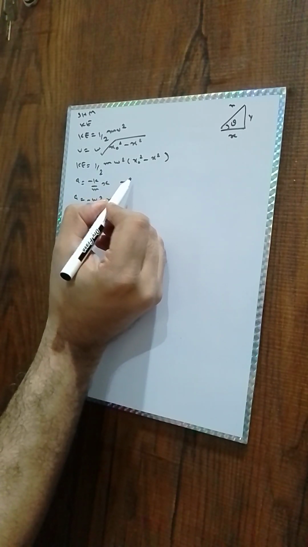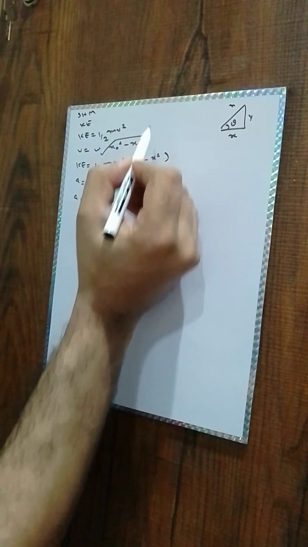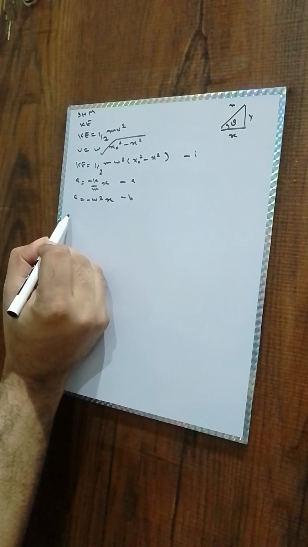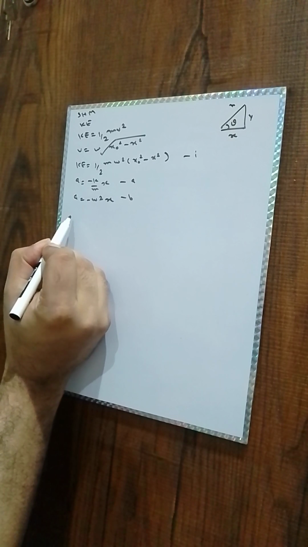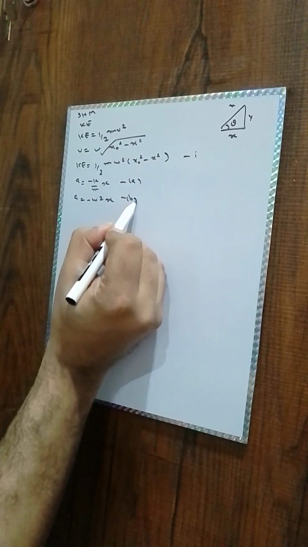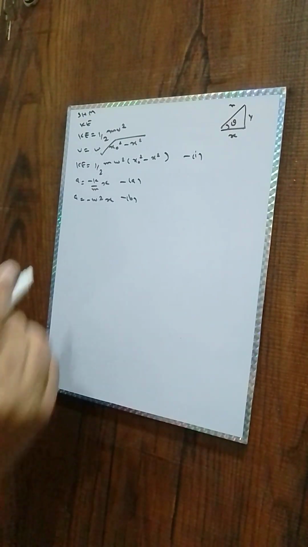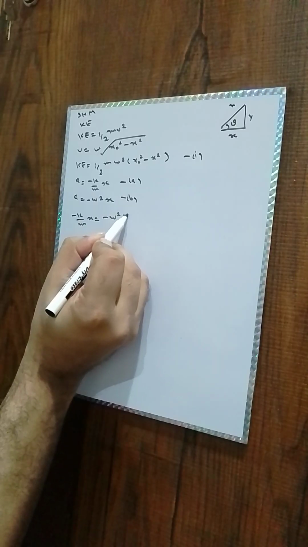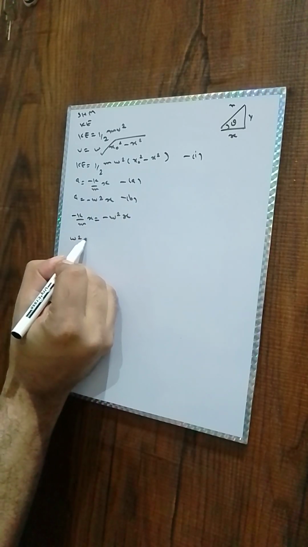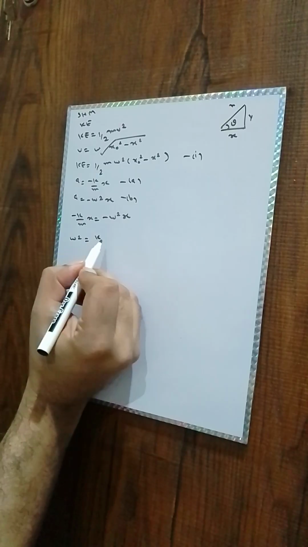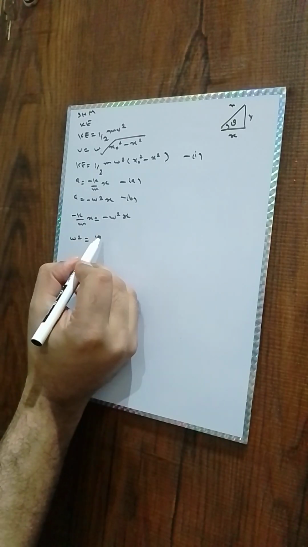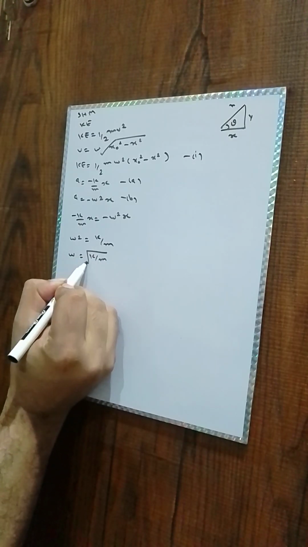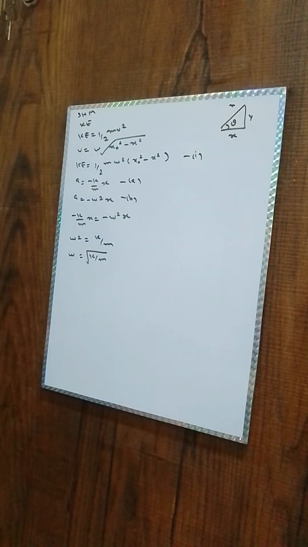So pretty simple. If we compare these two, let's say A and B, and for example this is 1, comparing A and B, minus K by m into x is equal to minus omega square x. X cancels out, omega square and also minus cancel out. Omega square is equal to K by m, so omega is equal to K by m under the root.